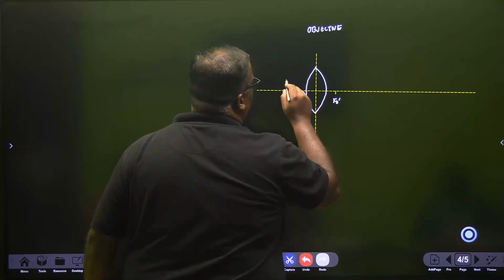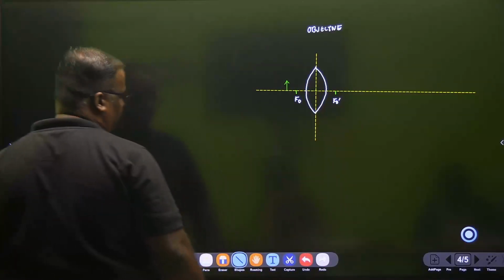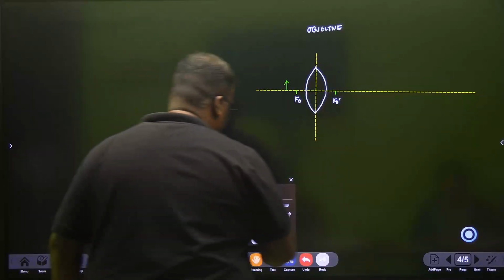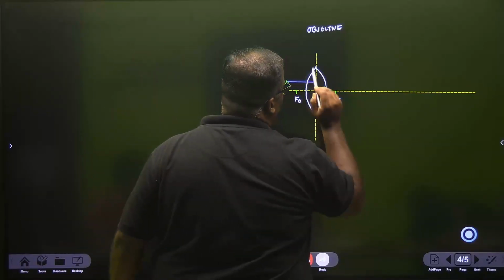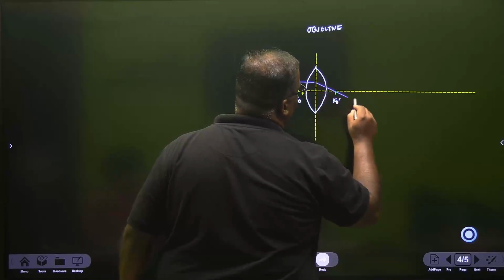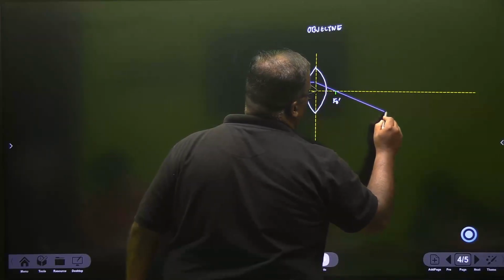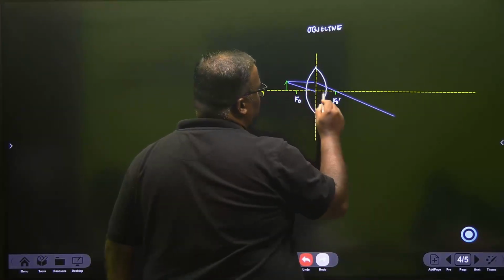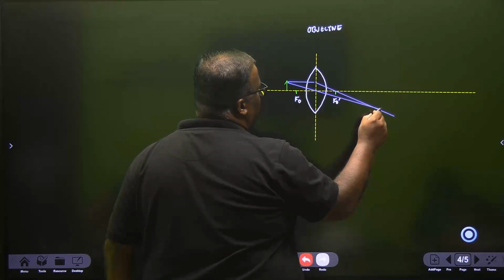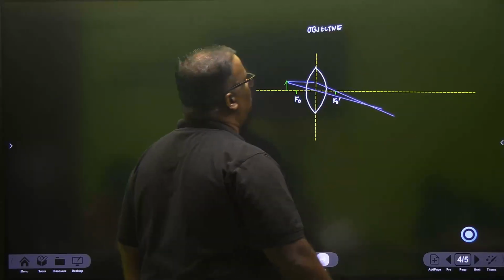This is my object. A ray of light which is parallel to the principal axis will pass through the focus. Perfect. And a ray of light which is passing through the optical center will actually go undeflected.